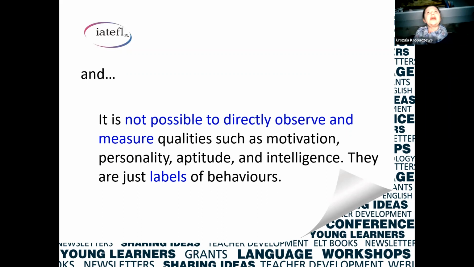We can say they are sometimes motivated, or they are motivated when there is sun outside the window, but it is really difficult to measure, or sometimes almost impossible. We cannot measure the personality of our students either, but of course we know that they have personalities inside. The same goes for intelligence or aptitudes.